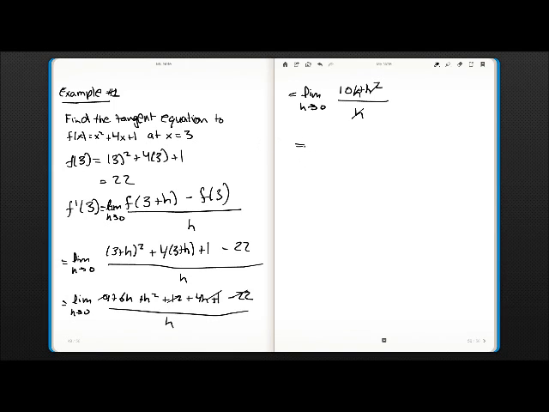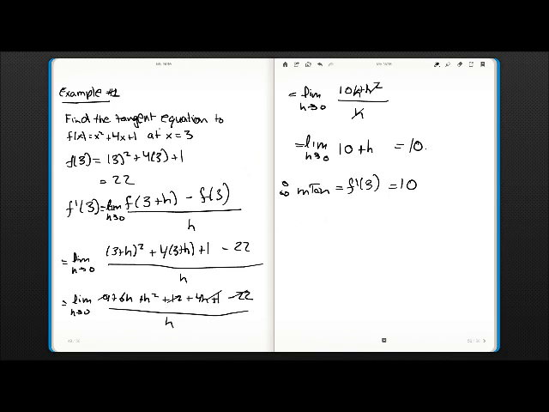So the limit as h approaches 0 of 10 plus h, and if we sub h equals 0, we get 10. Therefore the slope of the tangent, which is f prime at 3, equals 10.